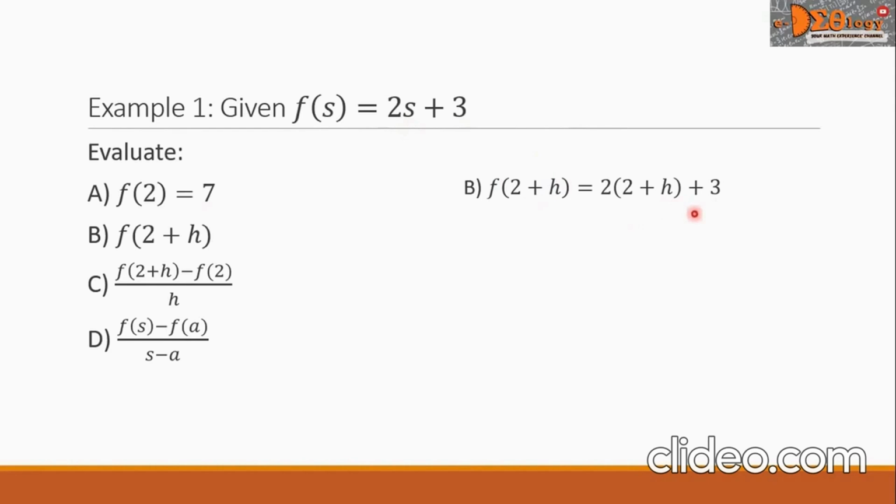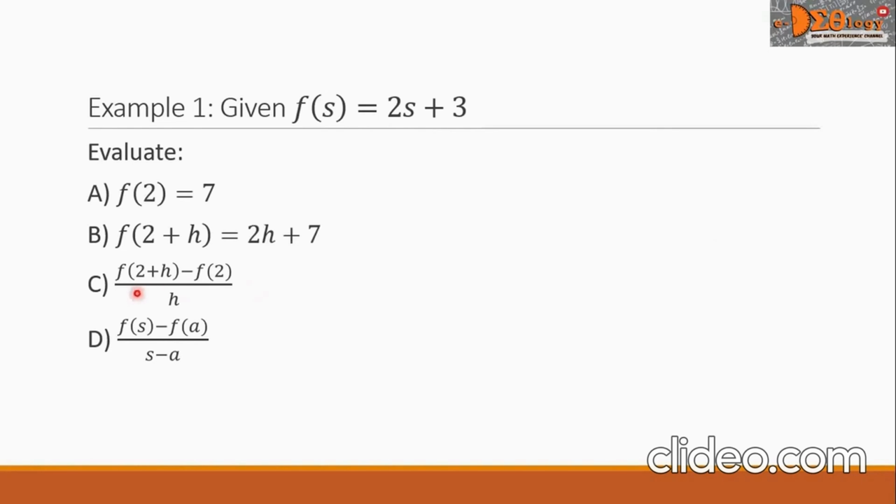Simplifying this, we have now 2 times 2 will be 4, and 2 times h is 2h, then plus 3. We will now add together 4 and 3. It becomes 7. So our final answer here is 2h plus 7. Then we simply copy this answer in here.